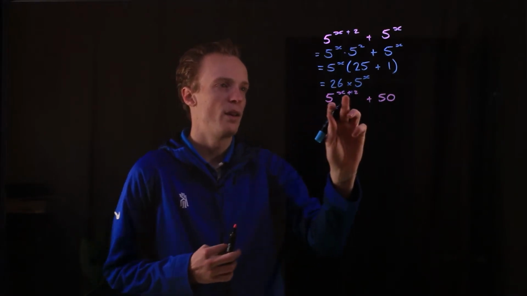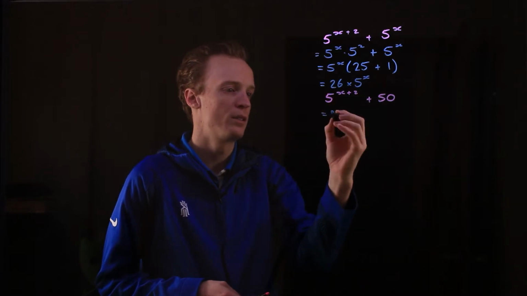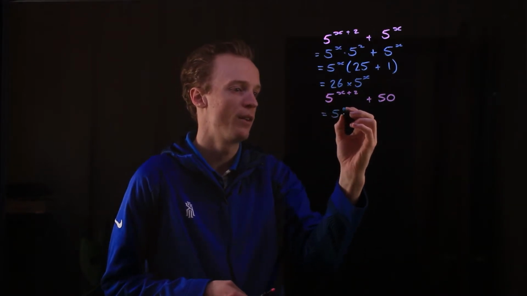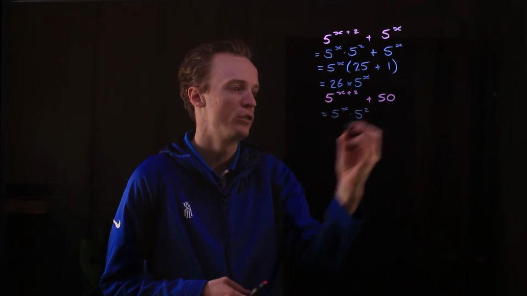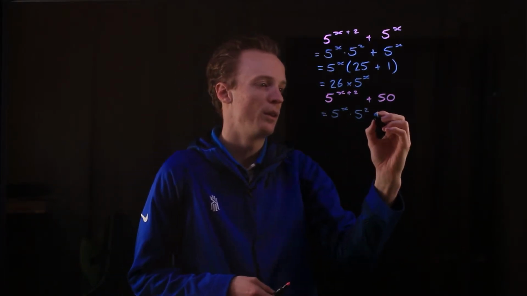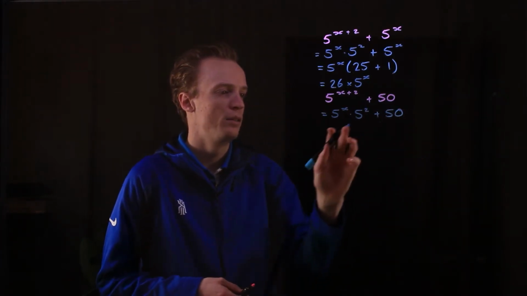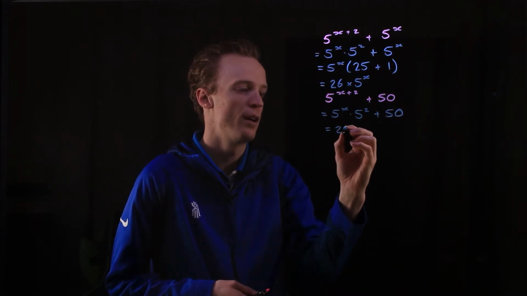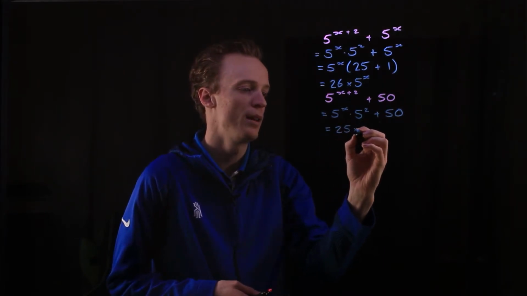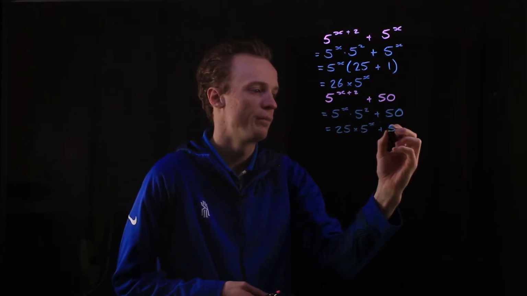Well, if we break this up the same that we did before, we know that this 5 to the power of x plus 2 is the same as 5 to the power of x multiplied by 5 to the power of 2. And then, of course, we can add 50 here. Now, this here, 5 to the power of 2 is 25, so this will be 25 multiplied by 5 to the power of x plus 50.